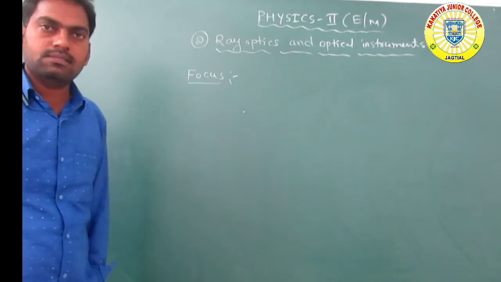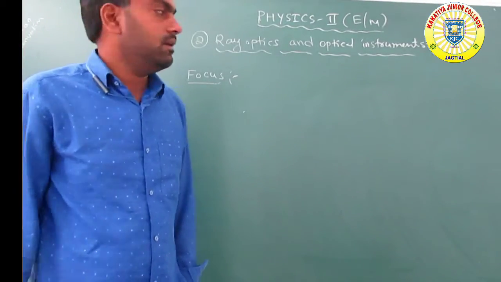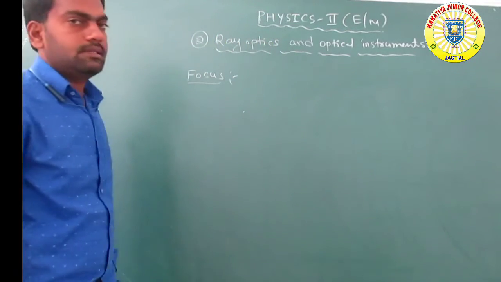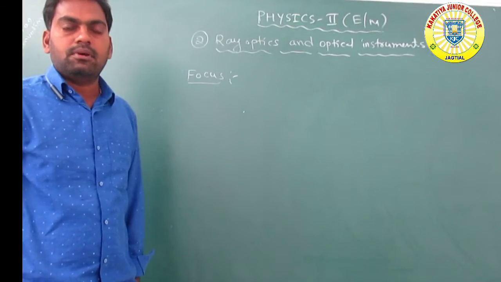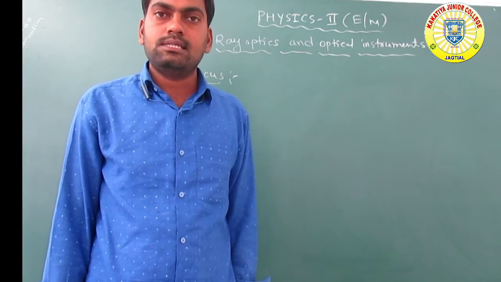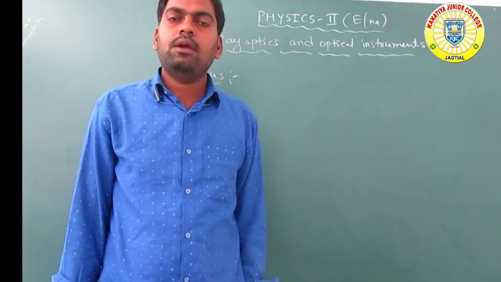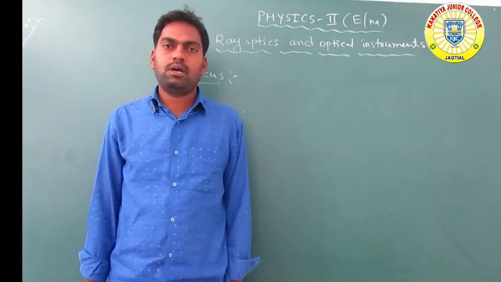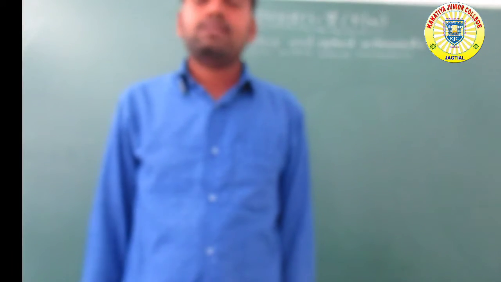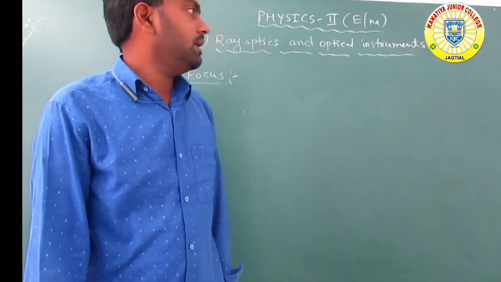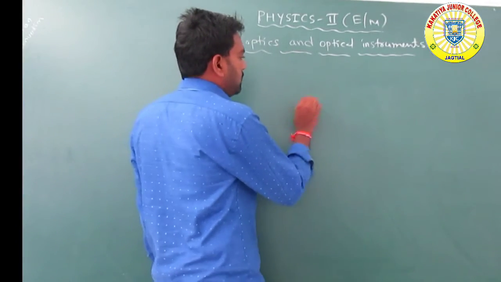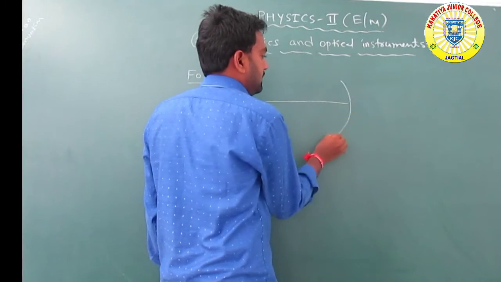What is the meaning of focus? Here we consider lenses and curved mirrors. Lenses are divided into two types: concave and convex. Concave means hollow-shaped and convex means bulging outward.